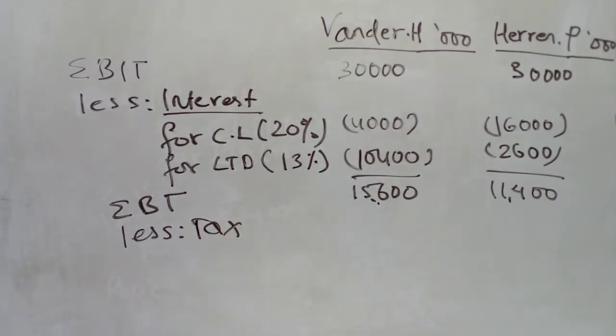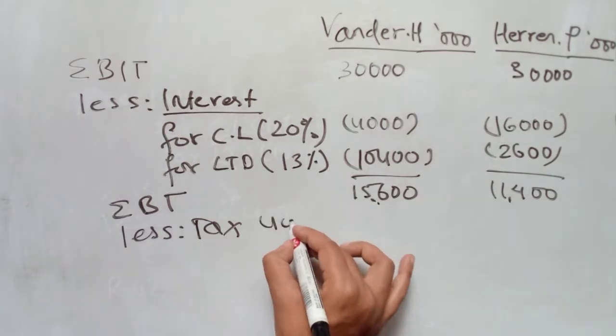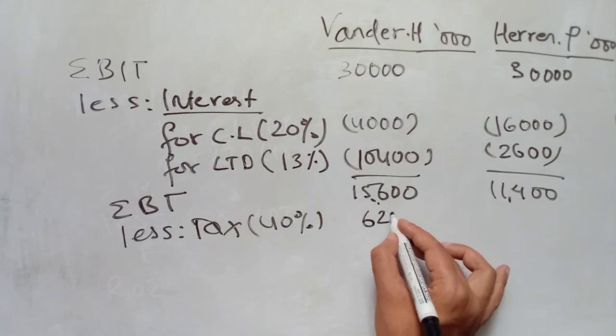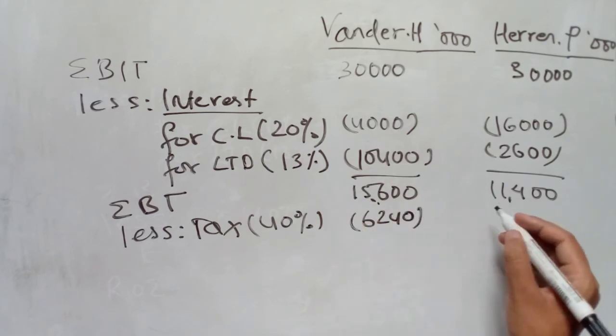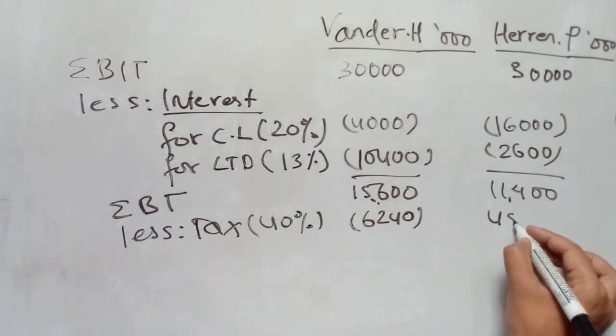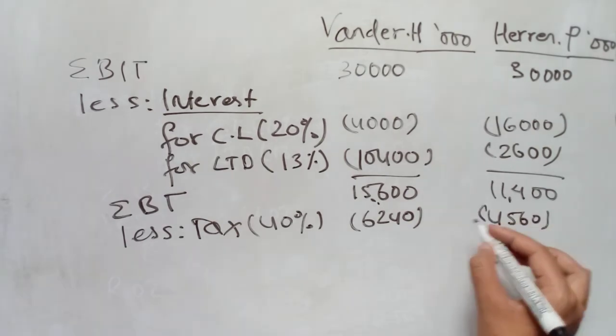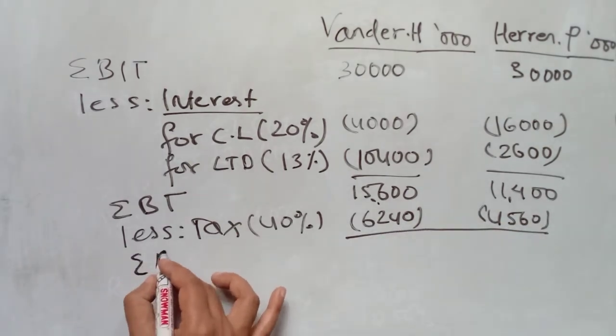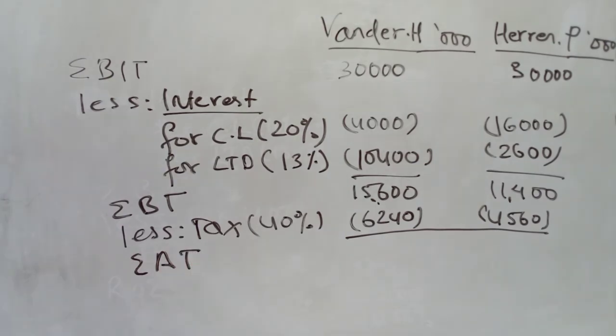The tax here is 40%, again the same rate. So it becomes 6,240, and for this it becomes 4,560. So now we get earning after tax, which we can also call net profit.